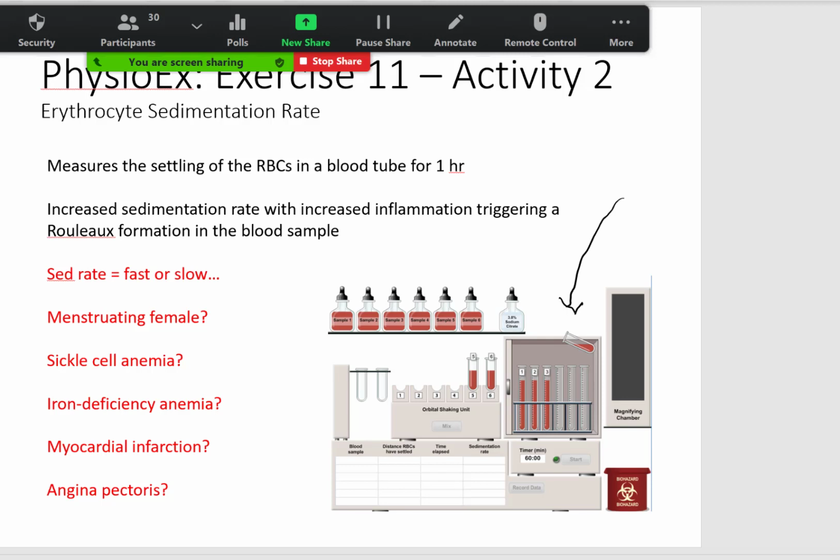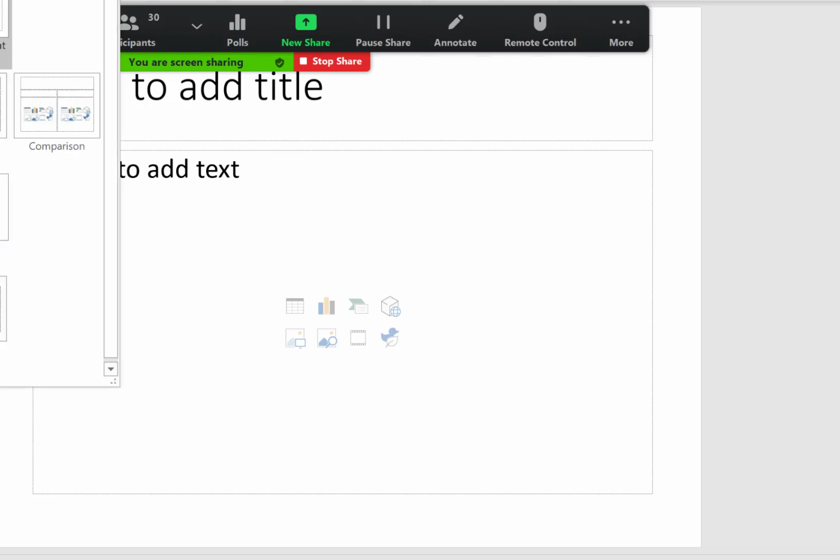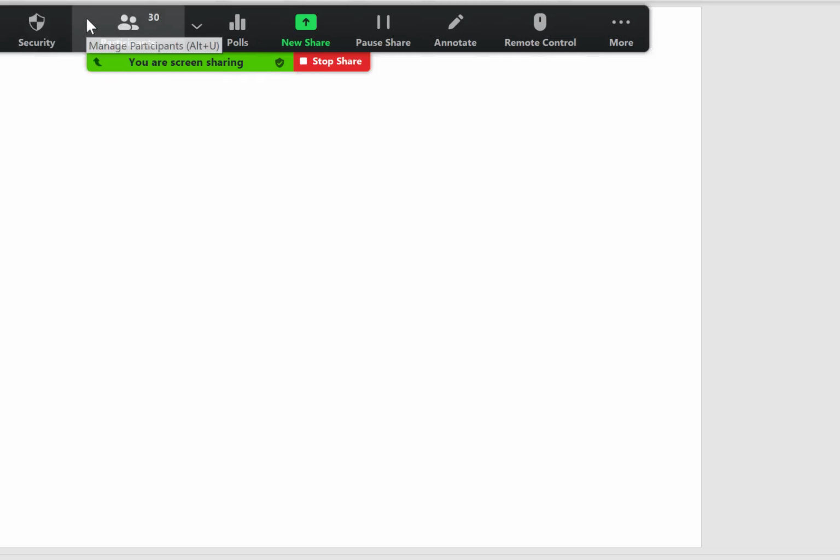Let me draw that for you. Again, I have to move all of my controls, so just bear with me.